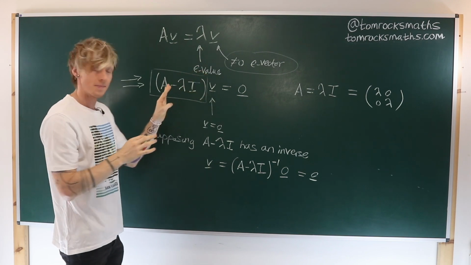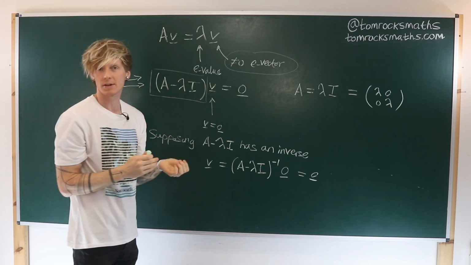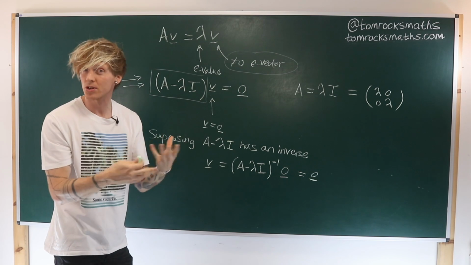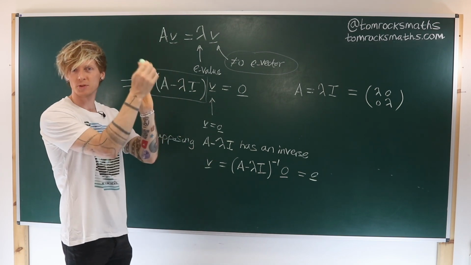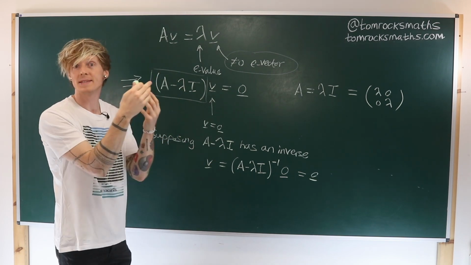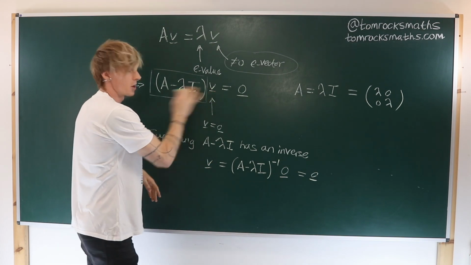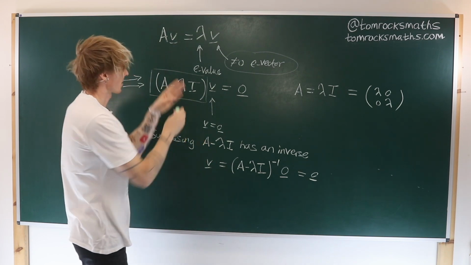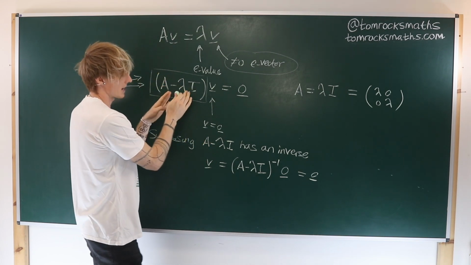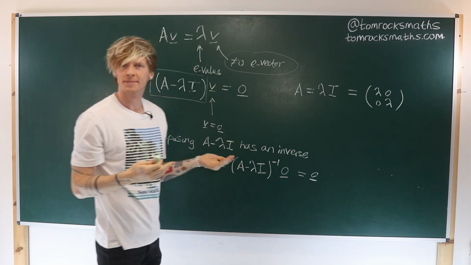So in both situations, from this equation here, we have two terms multiplied together to give us 0. If we follow the traditional route of two things multiplying together equals 0, each one of them individually could be 0. We don't want V to be 0, that's boring. And if we set A equals lambda I over here, that's also boring.